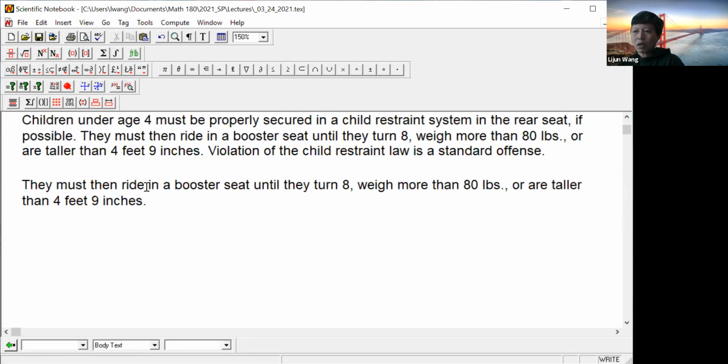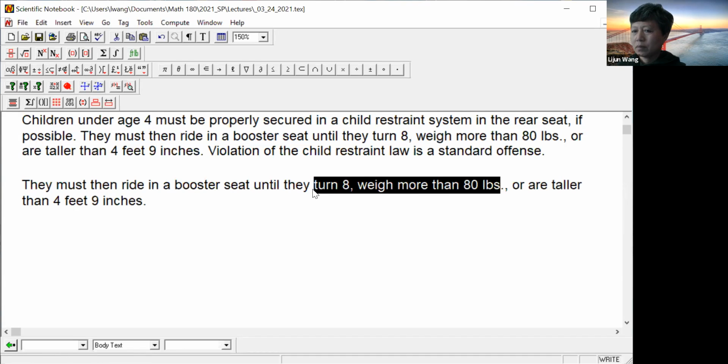They must then ride in a booster seat until they turn 8. Weigh more than 80 pounds. What does that mean?